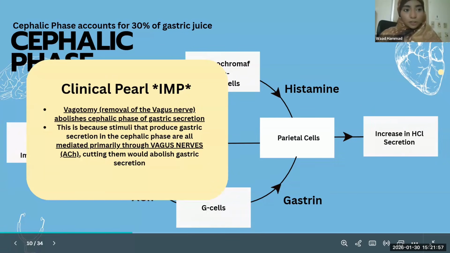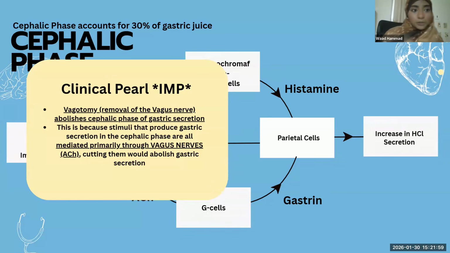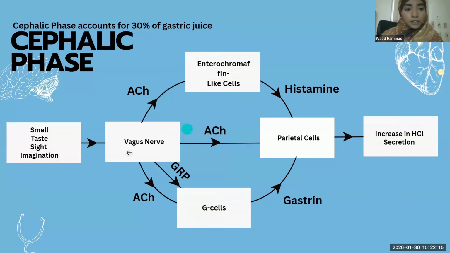And now we're going to talk about something clinical. A vagotomy is the complete removal of the vagus nerve. No more vagus nerve, bye-bye. This will completely abolish the cephalic phase of gastric secretion, because as you can see, the vagus nerve is responsible for everything here. It releases ACH, it releases GRP.